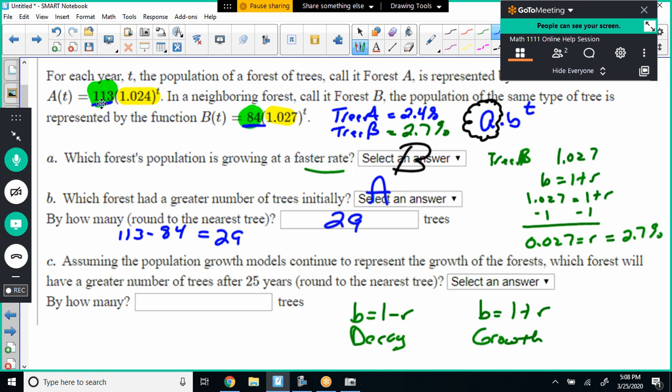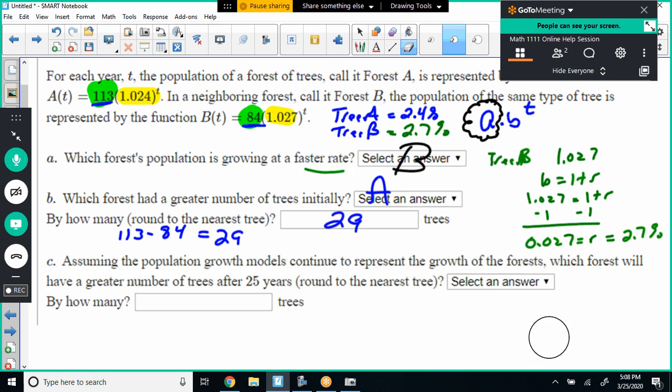In forest A, 113 is the initial value with a base of 1.024. Forest B had an initial amount of 84 trees, but with a base of 1.027. Now let's look at part C.